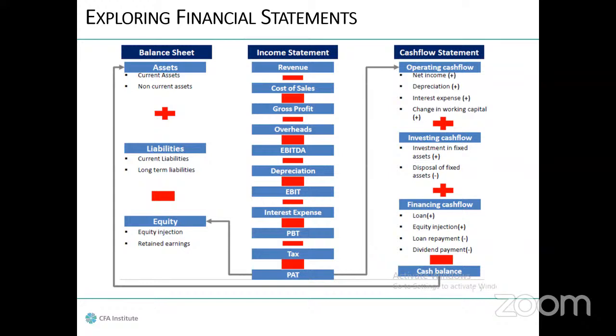Another scenario is revenue may actually be increasing, and cost of sales is also increasing, but cost of sales is increasing at a faster pace compared to revenue. That is, maybe revenue grew by 10% and cost of sales grew by 20%. There is a good chance that because of the faster growth in cost, margins will decline. Remember, this is a business. If their cost is going up, what they would typically do is pass on some of those costs to their consumers.